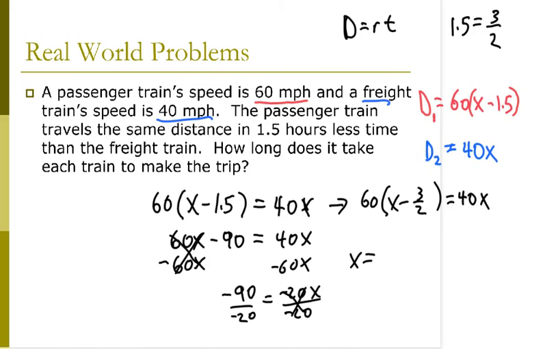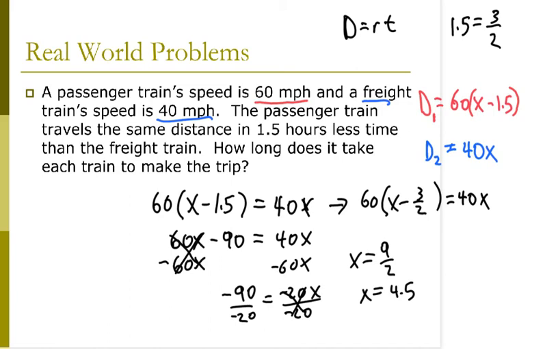If you want to go the extra step of finding out how much this is in terms of time, it would be about 4.5 hours. So in terms of how long it would take each train, it would take train 2 4.5 hours.